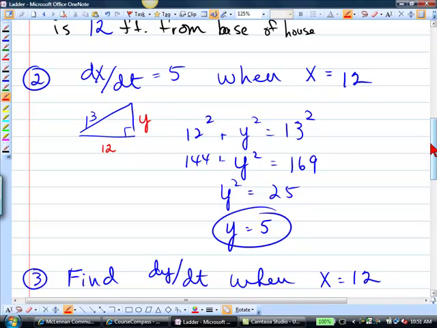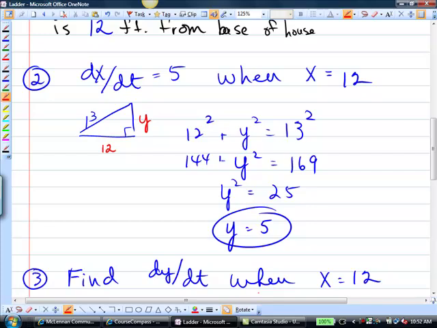We also need to write down, what are we supposed to find? What were we supposed to find in that problem? How fast is the top of the ladder changing? Well, that height was y. So we're supposed to find dy/dt when x is 12. We know dx/dt.